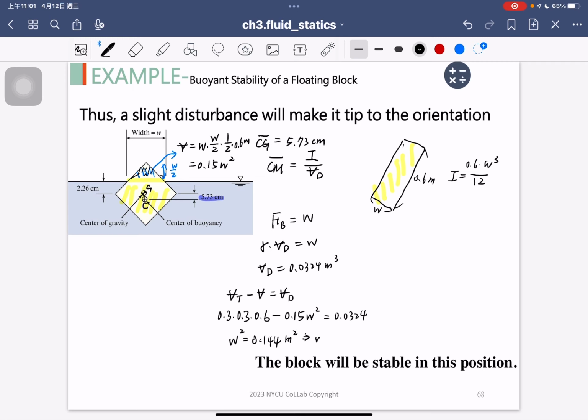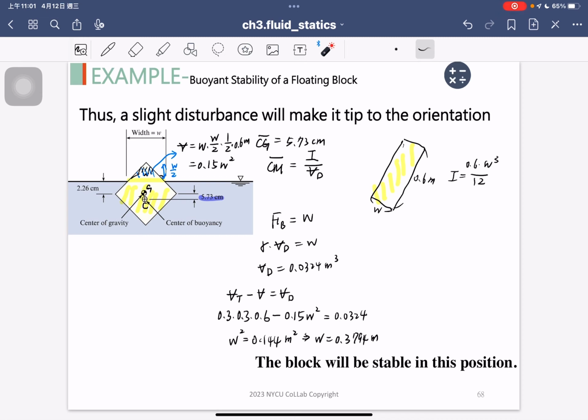So you can take the root, and the answer W is equal to 0.3794 meter. So you have the W, and then you can just put the answer back to calculate how large the second moment is in our problem.